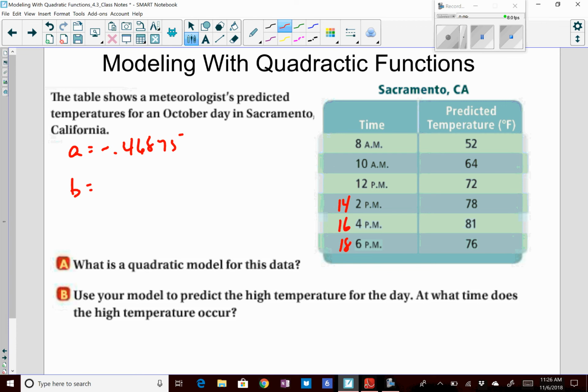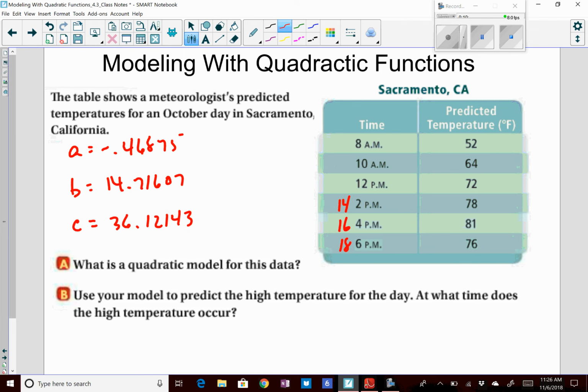B is equal to 14.71607. Remember, when you're doing these, you want to go about 4 or 5 decimal places at least to get an accurate model. And C is equal to 36.124312143.